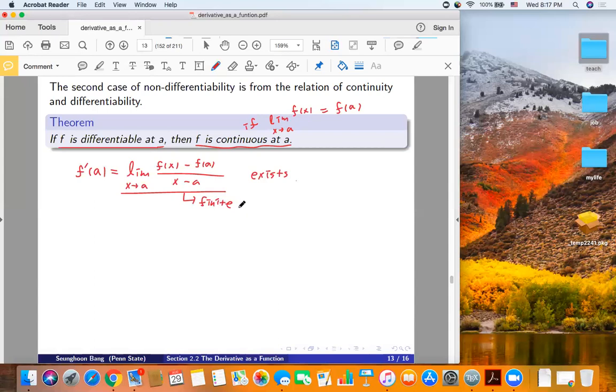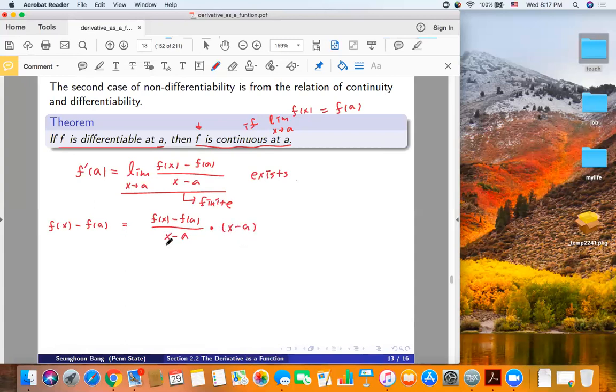But let me see, how can you prove f is continuous? I can follow this algebraic calculation. f of x minus f of a is given. I can change this one to f of x minus f of a divided by x minus a, times x minus a.